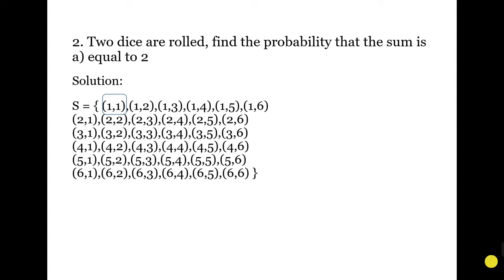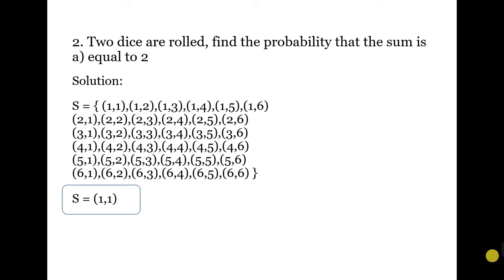Now we are going to find the probability that the sum is equal to 2. This is the only outcome among the sample space of the experiment that the sum is equal to 2.